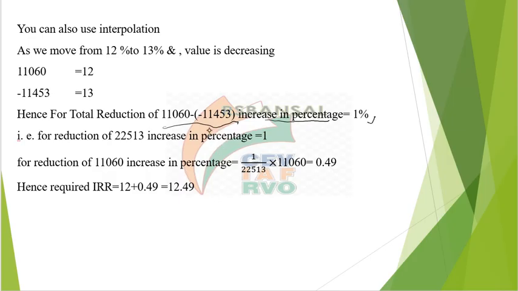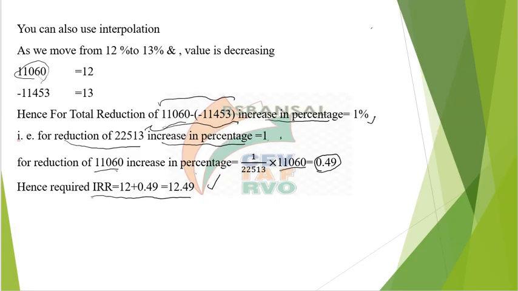For a reduction of 11,060, which you have to reduce to make it 0, the increase in percentage should be 1 upon 22,513 multiplied by 11060. It is 0.49. So your required IRR is 12 plus 0.49, 12.49.